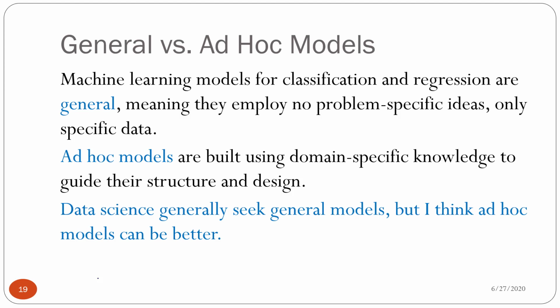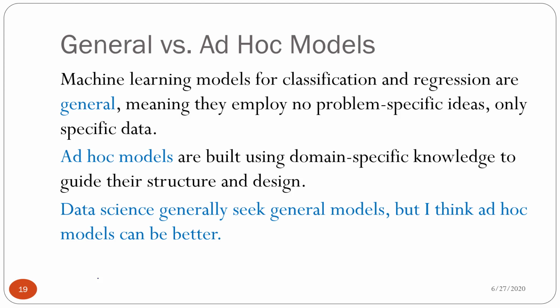So if it is a classification problem, it doesn't matter whether your data is from medicine or sports or anywhere else. You can use the same classification algorithm for different kinds of data, and these are all general models which have not much to do with the background or the domain from where the data is coming.